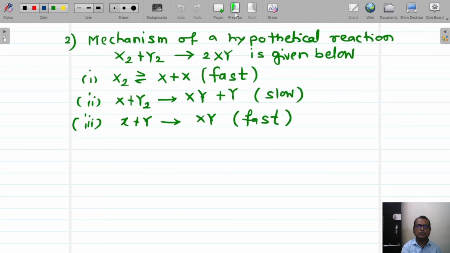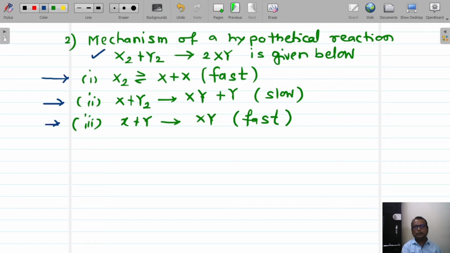The next problem: the mechanism of the hypothetical reaction X2 plus Y2 gives 2XY is given below. These are elementary reactions: first elementary reaction, second, third. When we add these three, the main reaction is X2 plus Y2 is equal to 2XY.